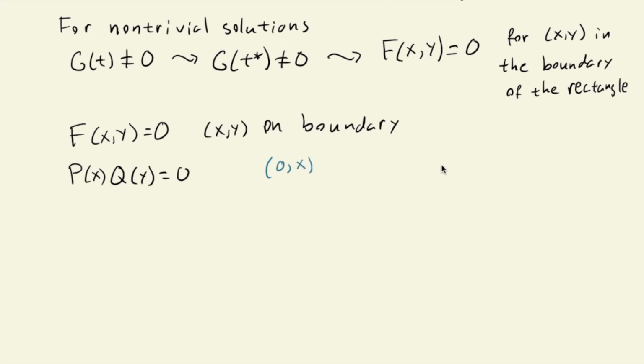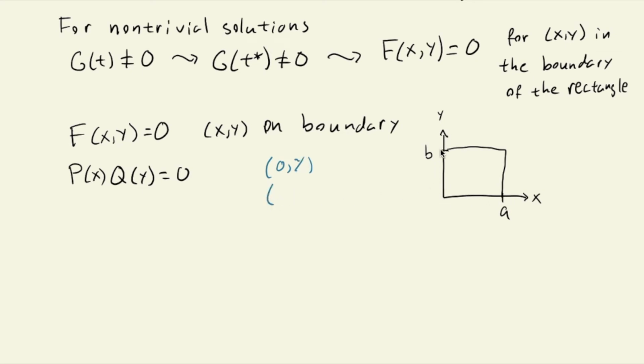Maybe I should draw a picture. Here's x and here's y, and our rectangle has length a along x and length b along y. It looks like a square, but a and b don't have to be the same. So points in the boundary are points of the form 0, y, or x could be equal to a.